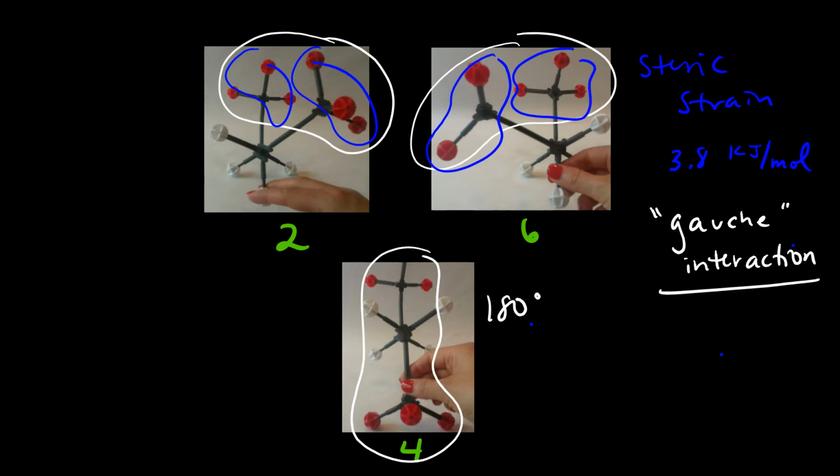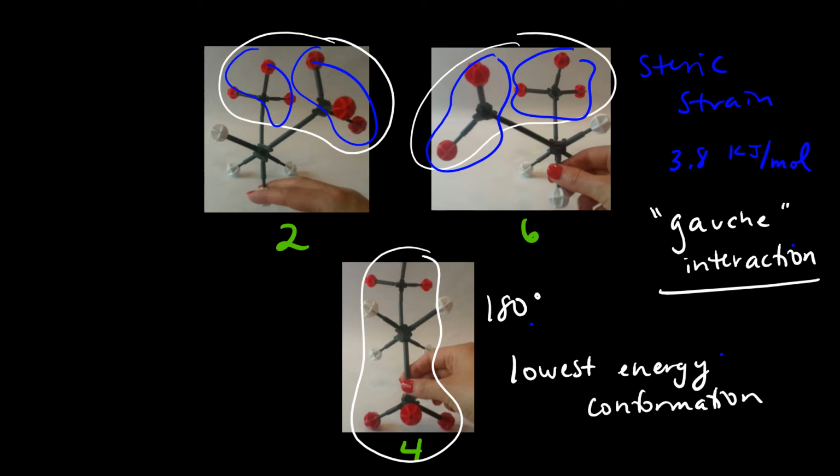Down here, you have the methyl groups as far apart from one another as they can get. There is no torsional strain. There's no steric strain taking place. And so this conformation is going to be the lowest energy conformation.